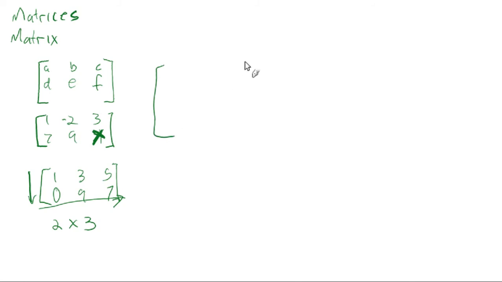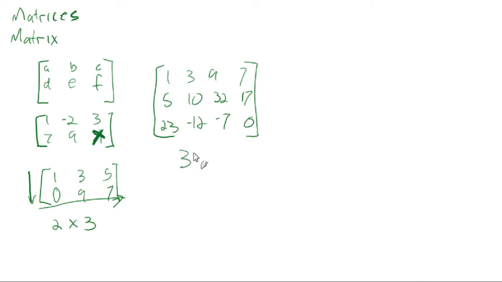Okay, this one, just making up numbers here. Alright, so there's a bunch of numbers that I've thrown in there. This one has 3 rows, 1, 2, 3, by 1, 2, 3, 4 columns, 3 by 4.